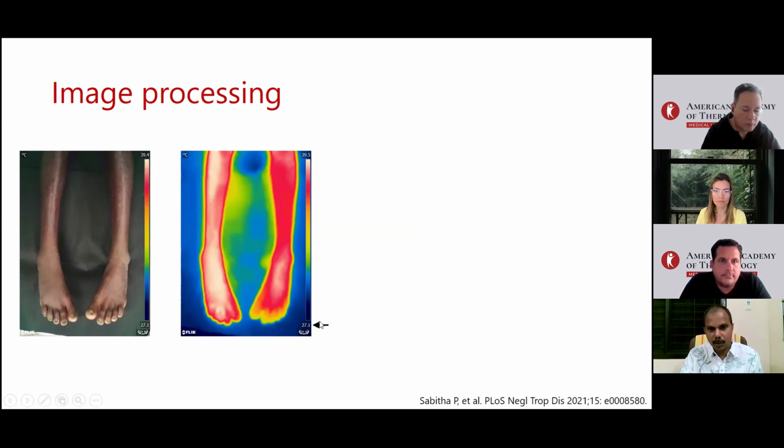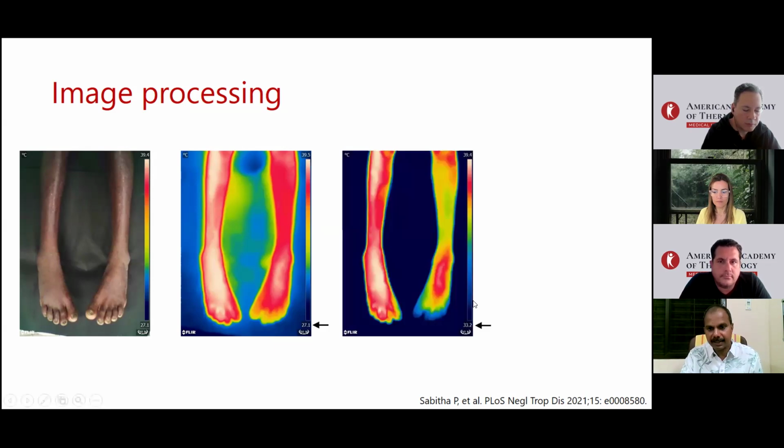We adjust the low temperature window such that the background activity gets suppressed, so we are able to see just the limbs in clear relief. Now it becomes very clear. The difference between the two limbs becomes almost self-evident, so much so that even a novice can say there is a difference between the two legs.